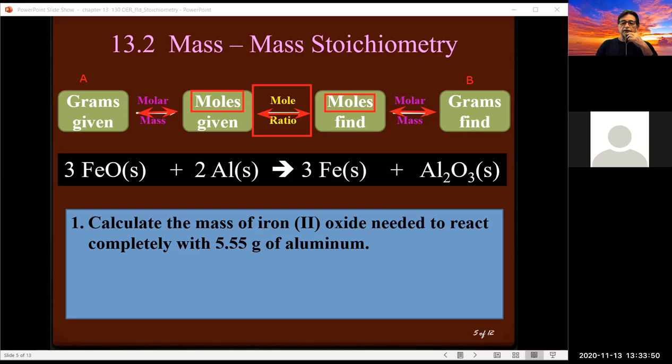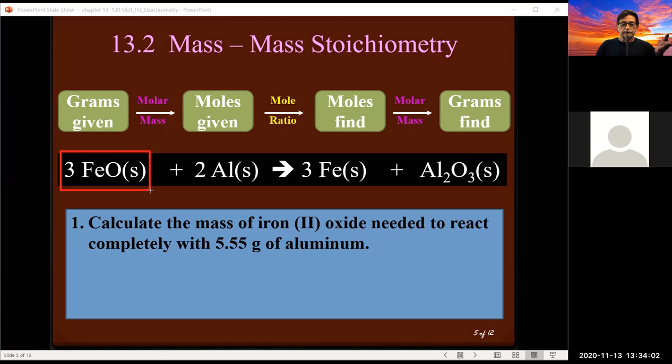All right, so let me clear this up a little bit. For the first part of this, there's a two-part question. The first part, they're asking you simply about the iron 2 oxide and aluminum. That's it.